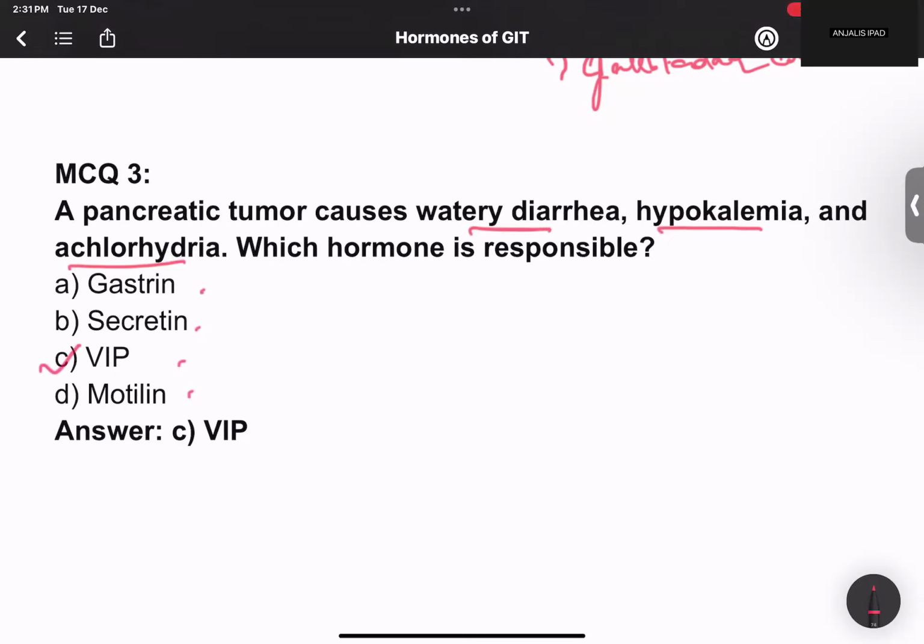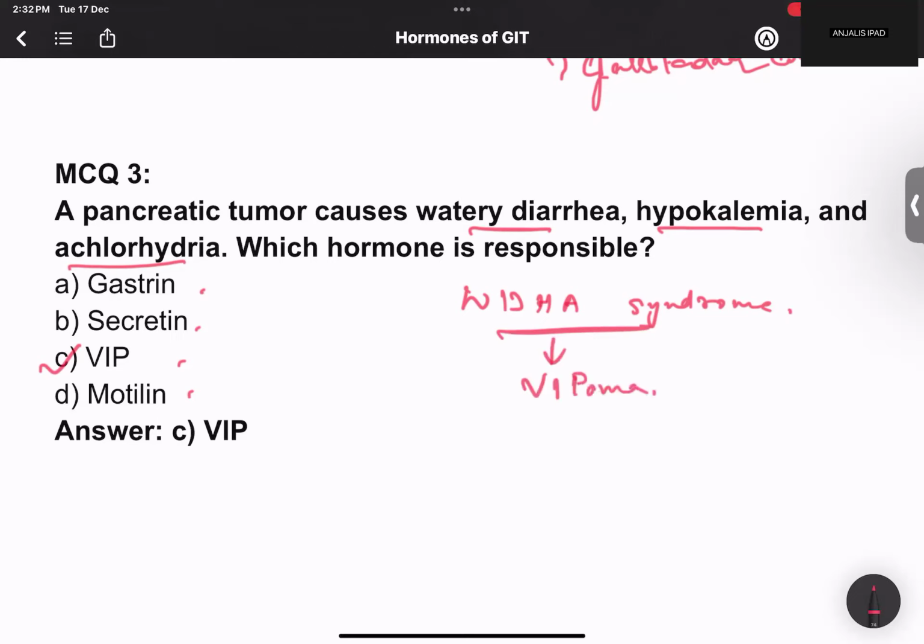Why? The triad of watery diarrhea, hypokalemia, and achlorhydria points to WDHA syndrome. WDHA syndrome is caused by a VIPoma.